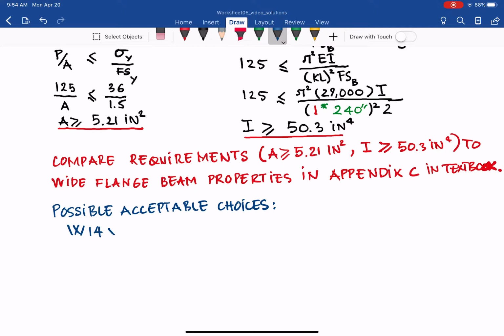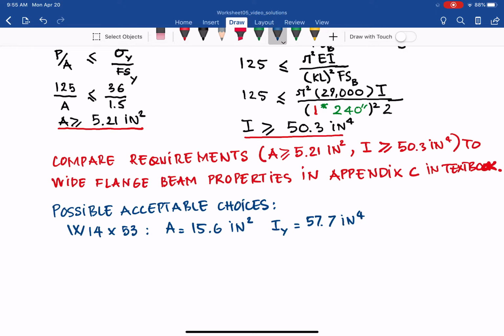W14 by 53, and with that the area of that one is 15.6 inch square, and IY for that one is 57.7 inch^4.